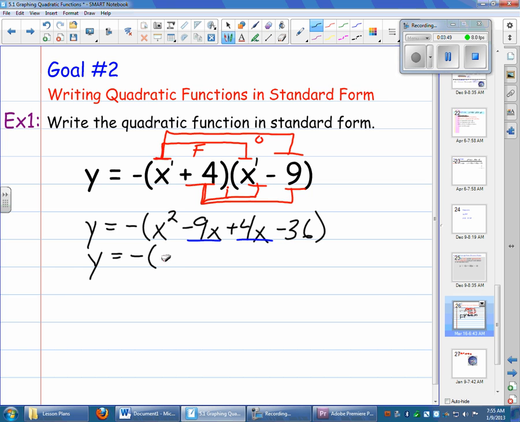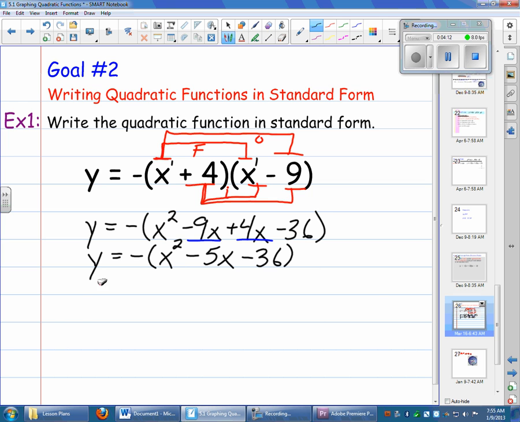There'll be one less step of multiplying. X squared, there's no other x squareds in this quadratic right now, so we'll just leave that one. -9x plus 4x gives us a total of -5x. We also have no other constants, so we'll have a -36 on the end. And we're almost there.